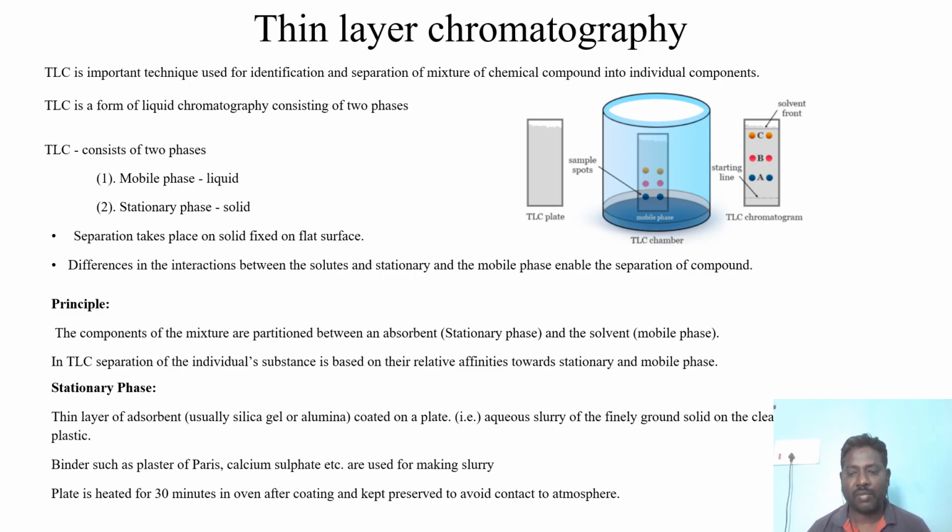We have seen different types of active solids like silica gel, alumina, magnesia, carbonates, and some kinds of activated charcoal, where the stationary phase is made. Instead of packing like a column in a tube, here we make it as a slurry and make a thin layer. That is the only difference between column chromatography and thin layer chromatography.